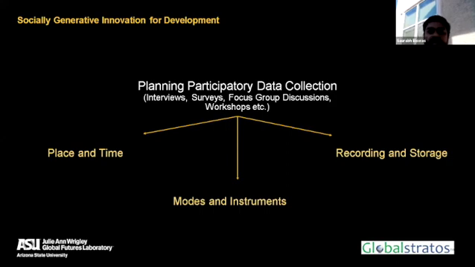It precedes design, it precedes decision making, so it needs to be shorn of any bias. And in terms of participatory data collection, it's critical that we engage at the correct place and time. We employ different kinds of modes and instruments to collect data and pay critical attention to the recording and storage of that data.